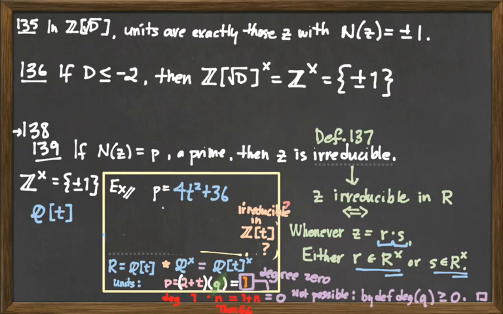You decided that it was irreducible over the rationals. But what about in the ring of polynomials with integer coefficients? Remember, the question is, can I factor it in such a way that neither of those factors is a unit?